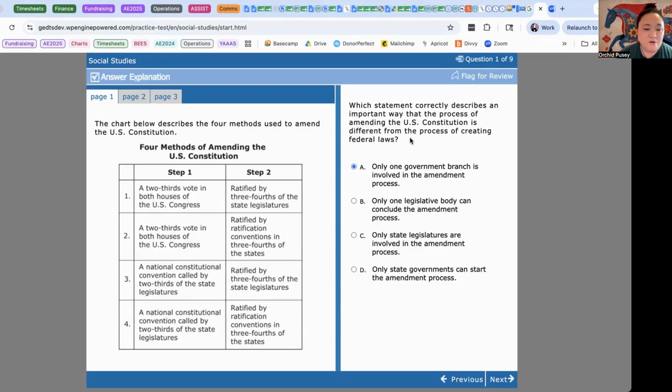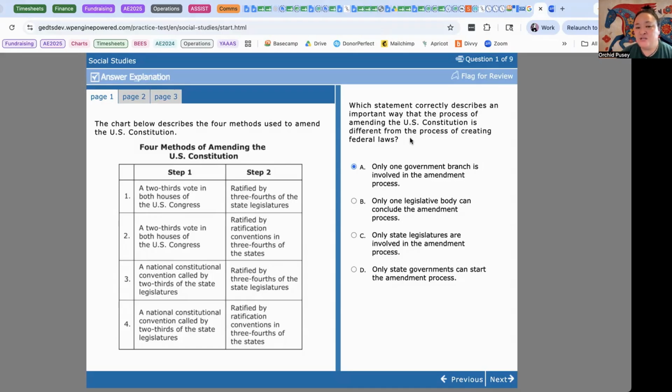C, only state legislatures are involved in the amendment process. Okay, look back on your left side. Do you see any body that's not a state legislature? You can see the words like both houses of the US Congress. US Congress, that's in DC. That's not an individual state legislature. National Constitutional Conventions.